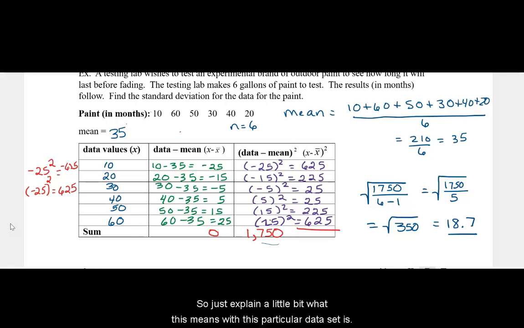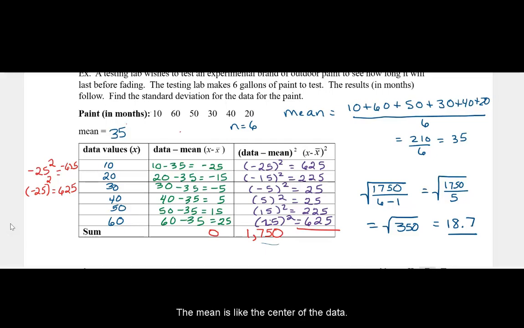So just to explain a little bit what this means with this particular data set, think of the average as the center of the data, right? The mean is like the center of the data. The standard deviation tells us how spread out the data are around that center.